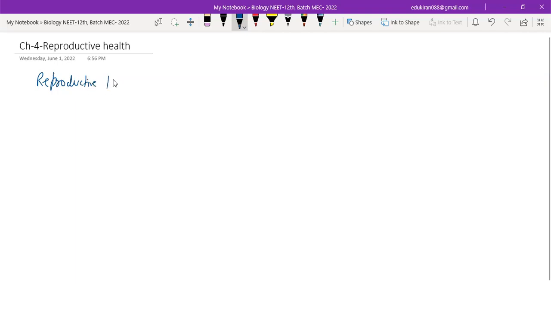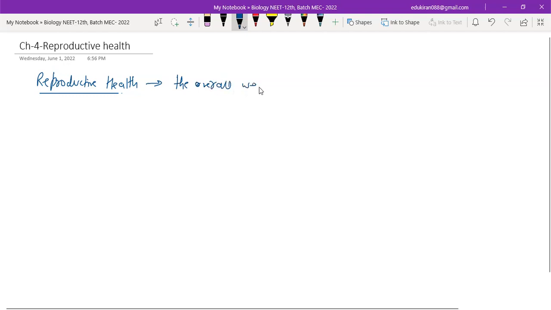So reproductive health, we define this. Again, it's the overall well-being of a human in all aspects of reproductive process. So write down the overall well-being of a human in all aspects of reproduction.